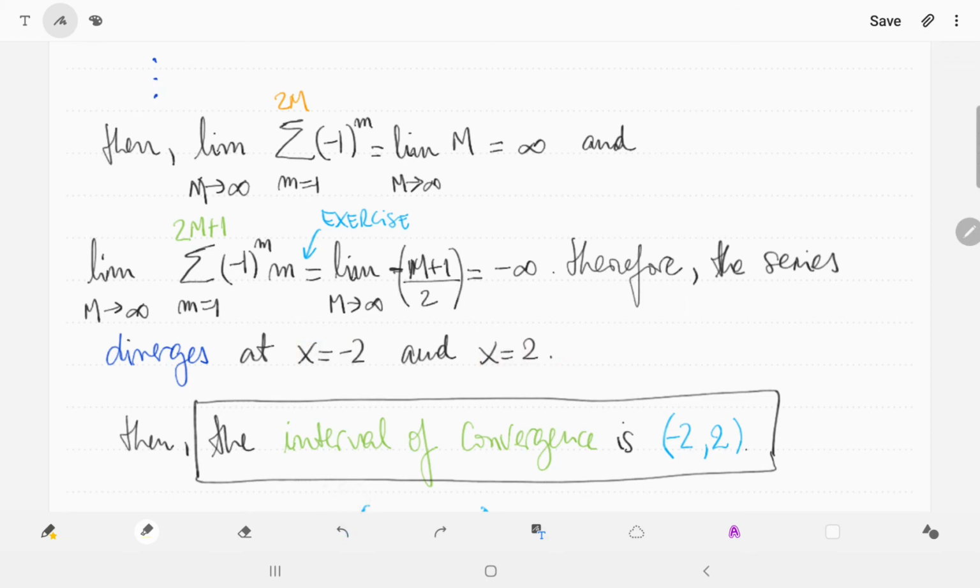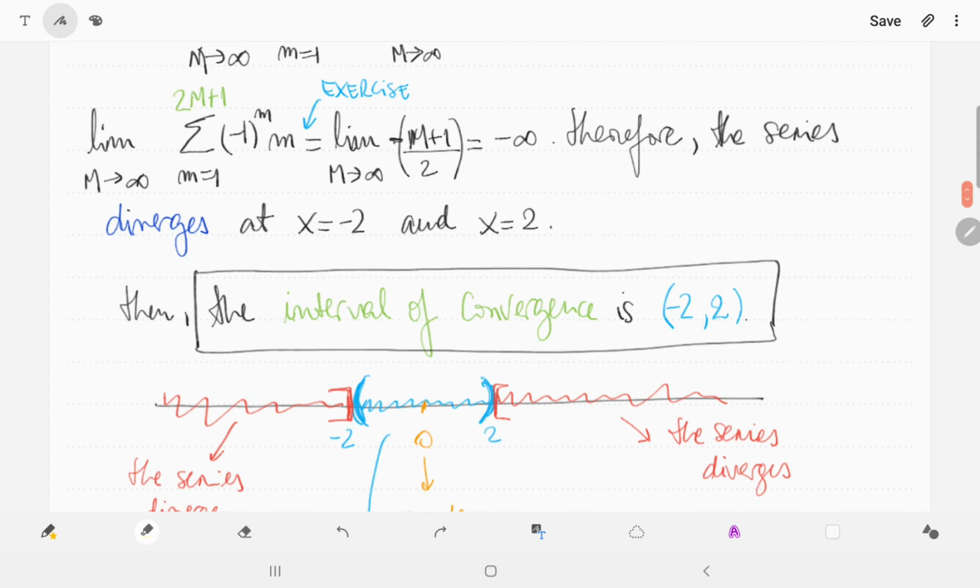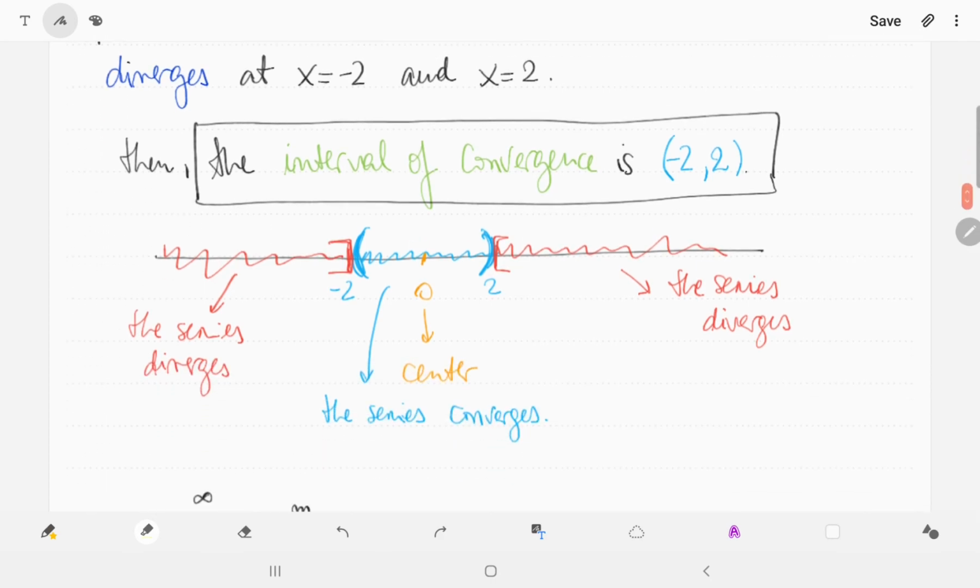Finally, we can claim that the interval of convergence is (-2, 2), and -2 and 2 are not included in this interval. So now the picture is this one. We can close the picture. The series converges in the open interval (-2, 2), and diverges outside, including these 2 extremes, -2 and 2.